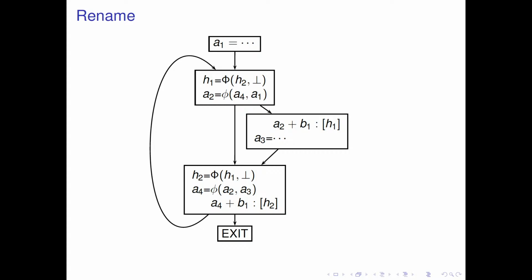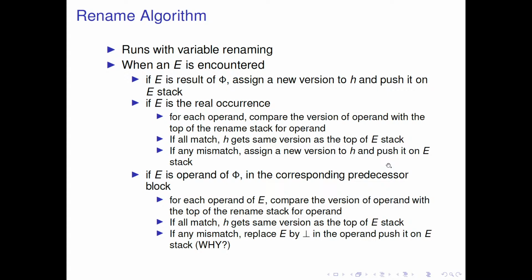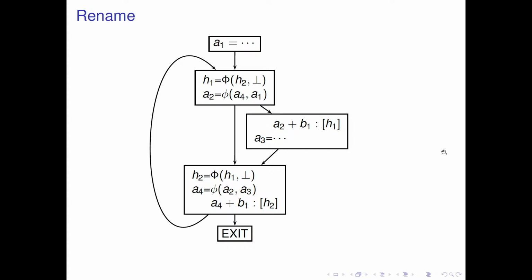What did we do for a user entered expression? You have to compare the version of the operand with the top of the rename stack. So basically you have to see what A is reaching here. Where is B1? Actually I should have had B1 here also. Just at the entry every variable has a value and B does not change at all, so B1 is here.